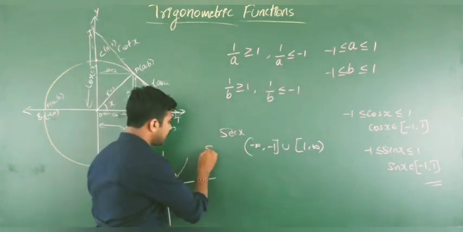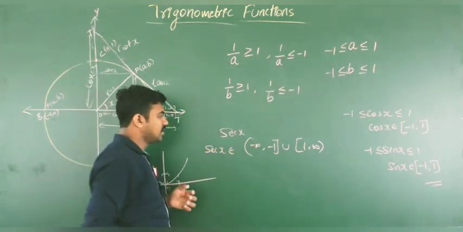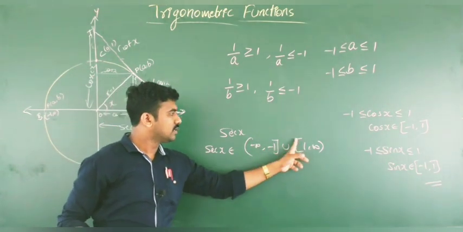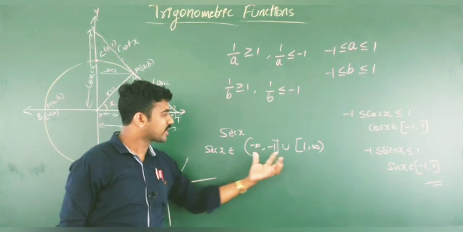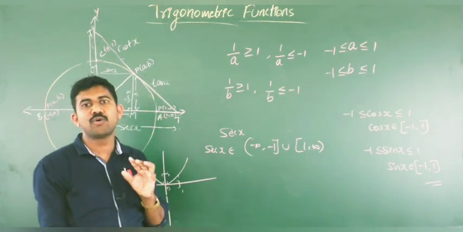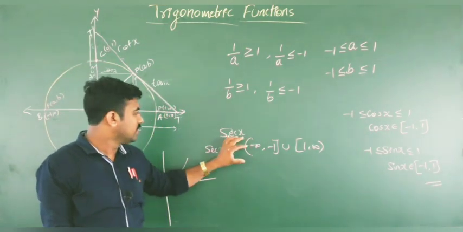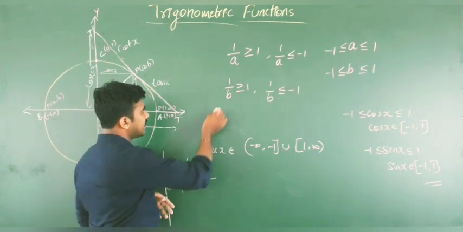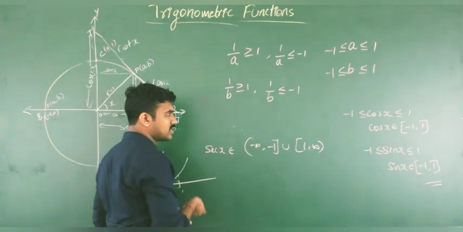So secant x belongs to the interval minus infinity to minus 1 including minus 1, union 1 to infinity. Or we can say it takes real numbers except the open interval minus 1 comma 1. Similarly, cosecant x is 1 by b.